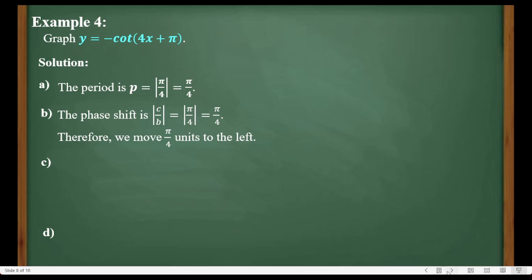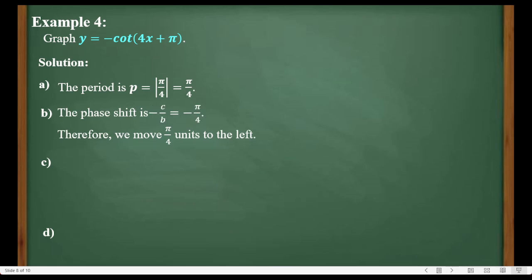For the phase shift, we have the formula negative c over b, and c is pi while b is 4. So we have negative pi over 4. Meaning, the graph is shifted to the left by pi over 4 units.